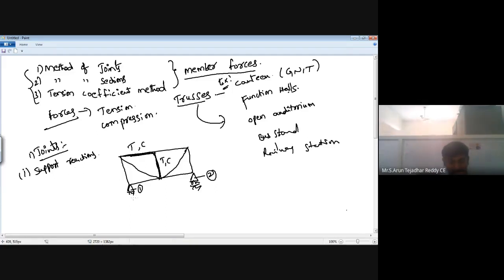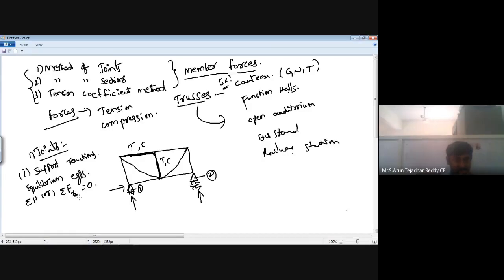If it is a hinge, then we get two reactions. If it is a roller, we get only one reaction. And how to find these support reactions? That is by using equilibrium equations. What are the equilibrium equations? Sigma horizontal force, or we can write it as Fx is equal to 0.